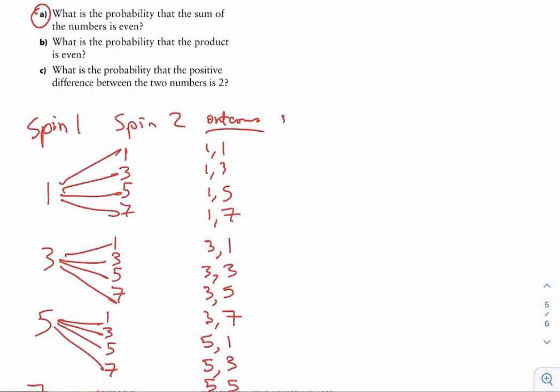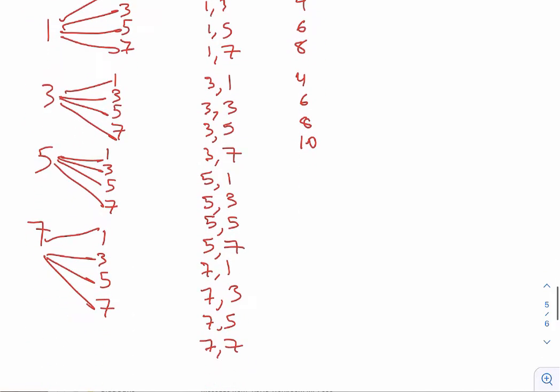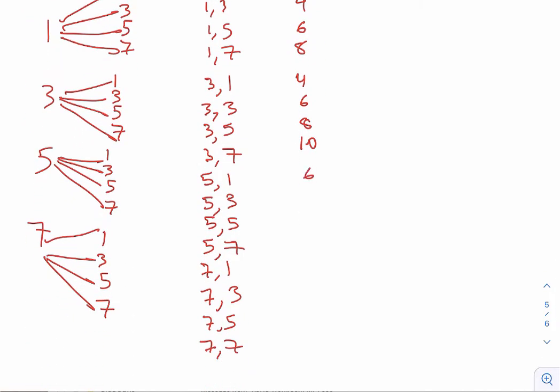So next I'm going to do another column, and it's going to say sum. Okay, what's the sum of that? 2, 4, 6, 8. 4, 6, 8, 10. I'm seeing a trend here. 6, 8, 10, 12. 8, 10, 12, 14.